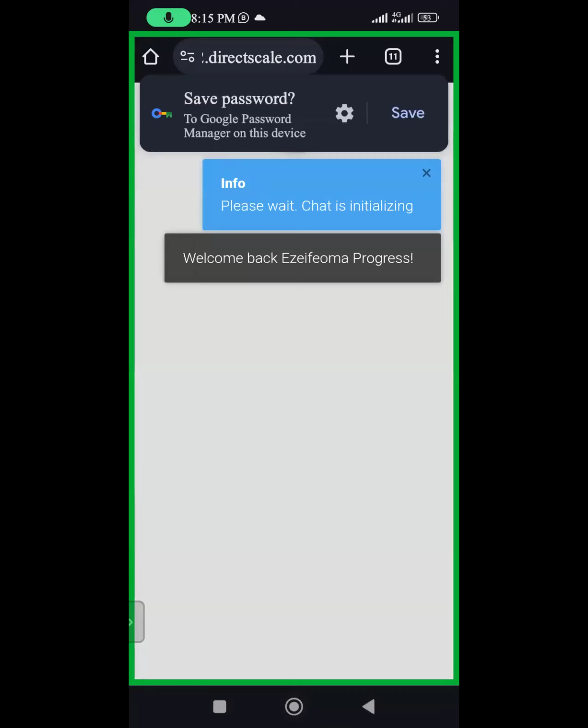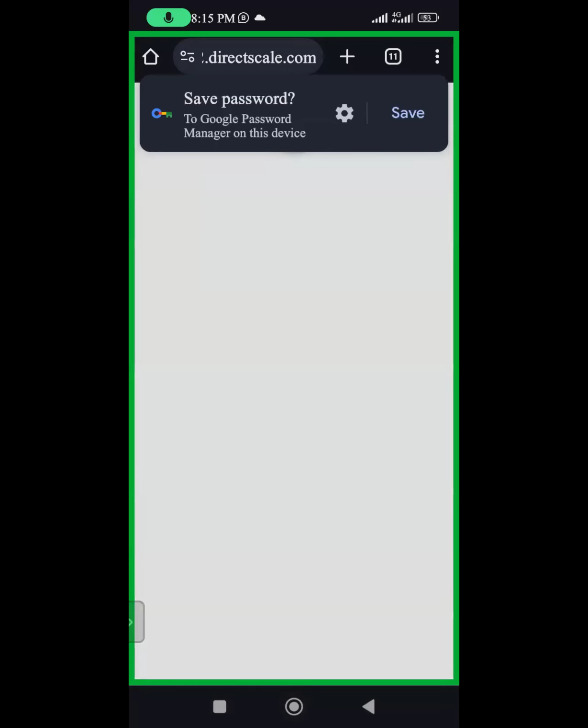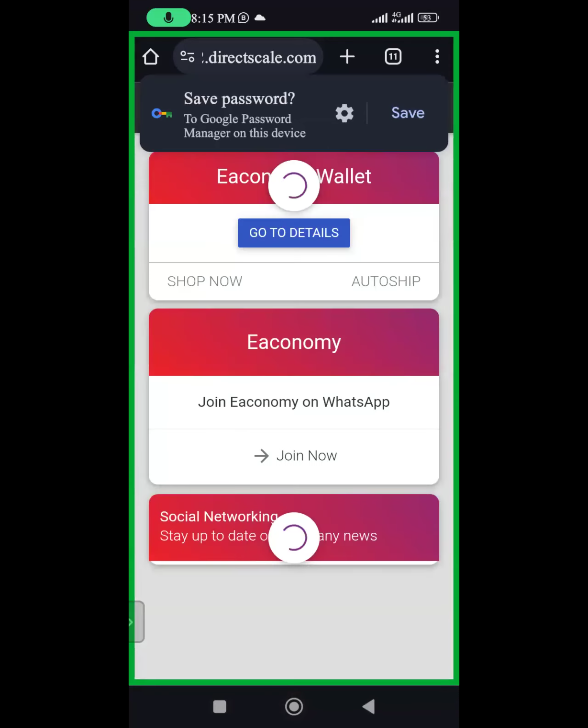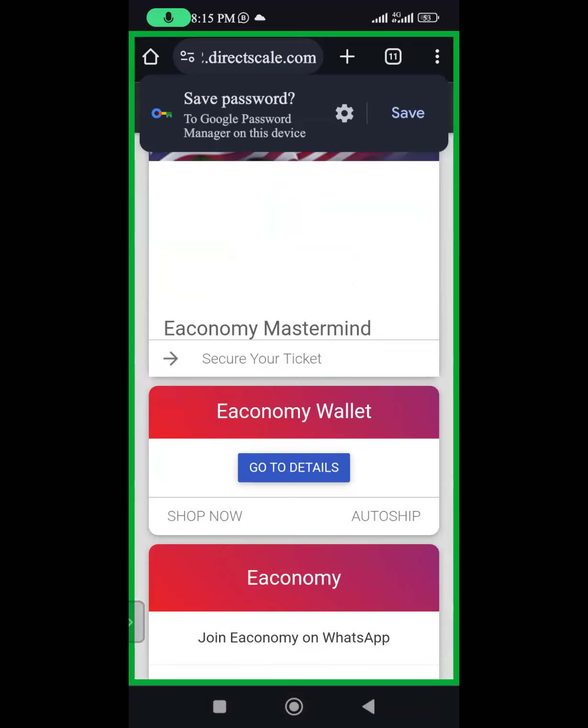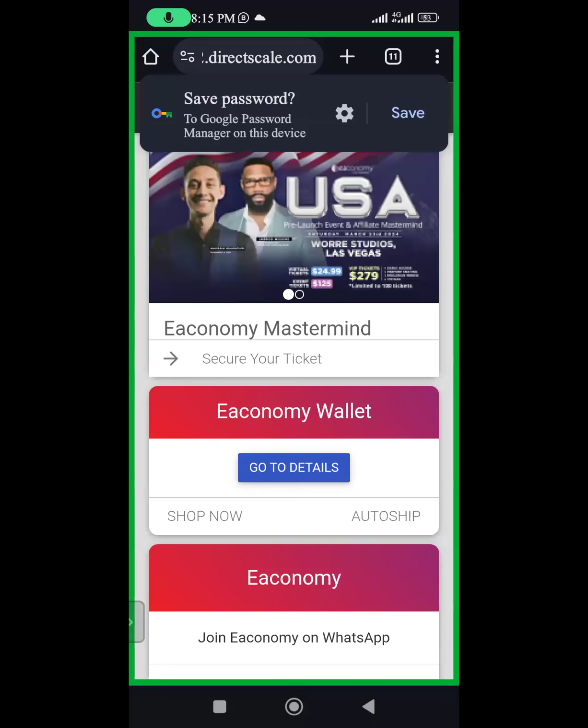Kindly save, kindly save. So it's on auto. Branson, can you save your password to your Google Manager?